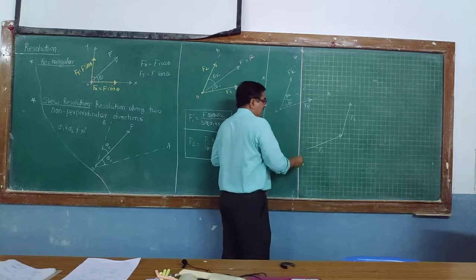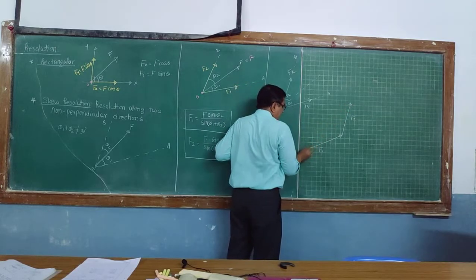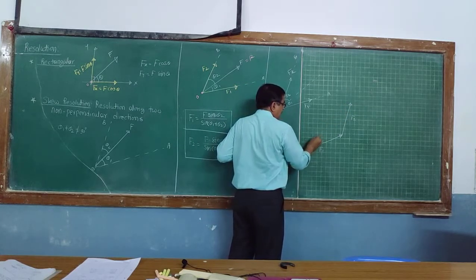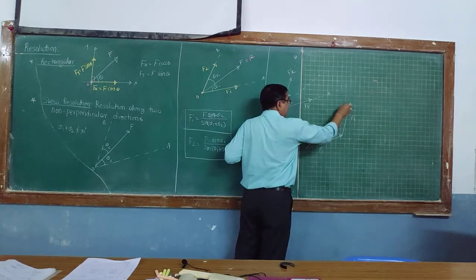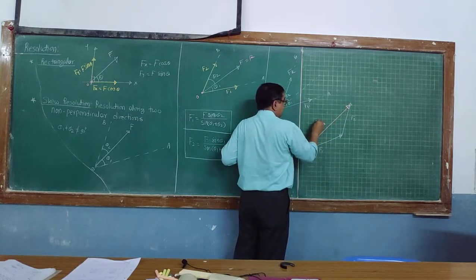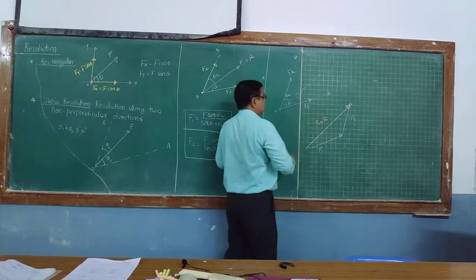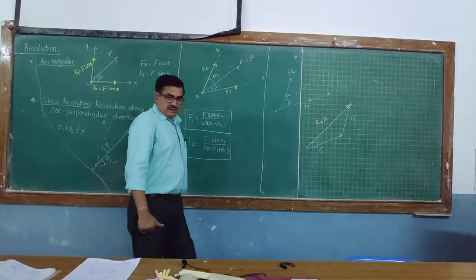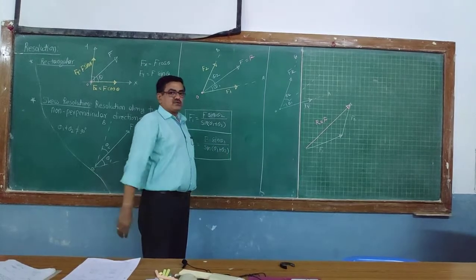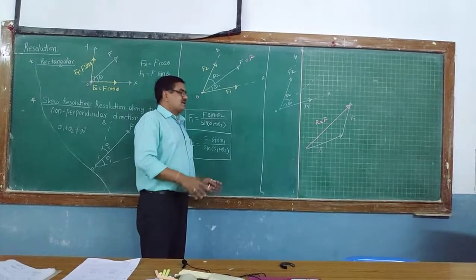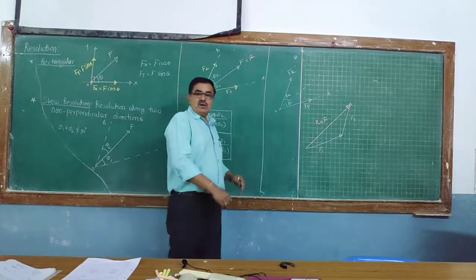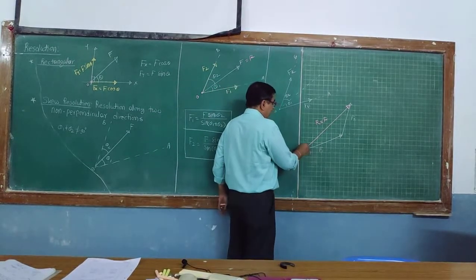Then according to triangle law, the line joining the beginning of the first force to the end of the last force represents their resultant in magnitude and direction, and this resultant is nothing but F. Thus F1 and F2 are components of F, or F is the resultant of F1 and F2. So this sentence is very important.